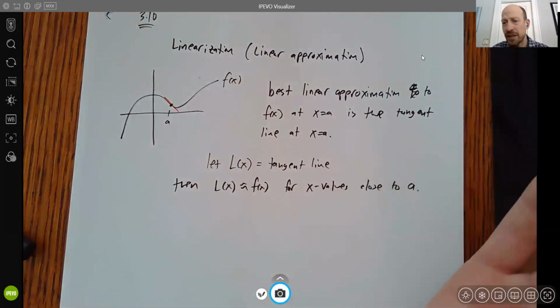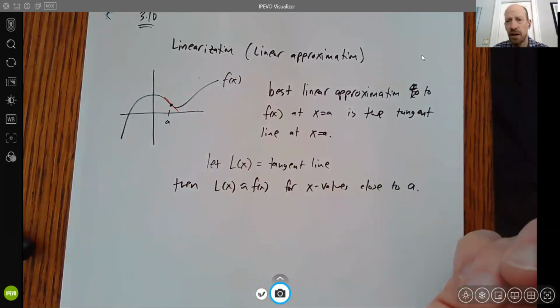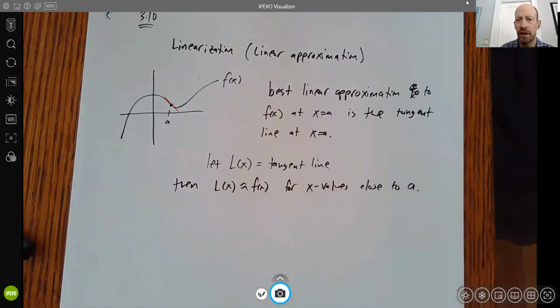Now, there are other approximations. Sometimes a linear one is effective. Sometimes you need a quadratic or a cubic. There are like raising degrees of polynomial approximations. But polynomials, it turns out, whether they're linear or quadratic or other, are very easy for us to work with in calculus, right?